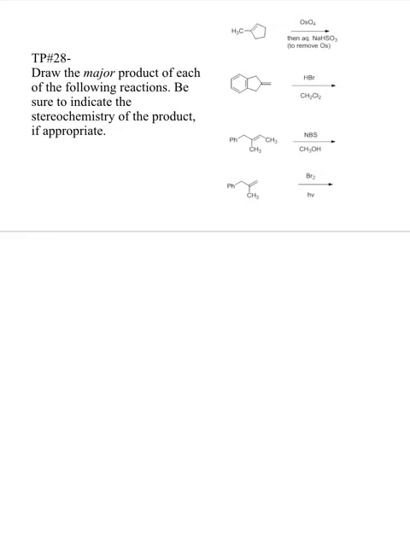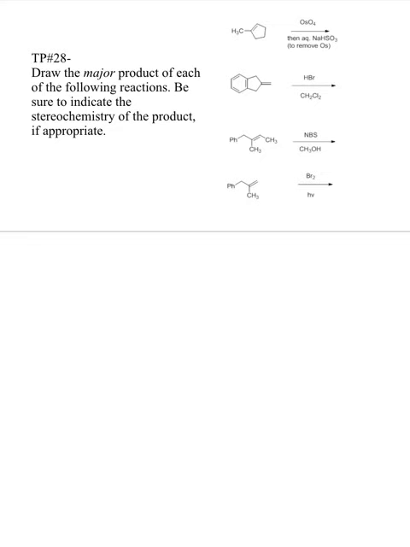Okay, this problem says draw the major product for each of the following reactions. Be sure to indicate the stereochemistry of the product if appropriate. So this is problem number 28. So what do we have here? Osmium tetroxide.